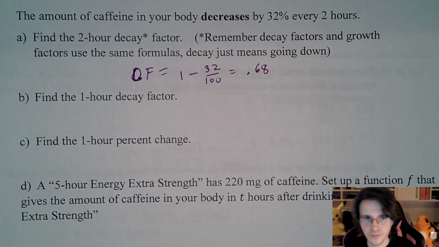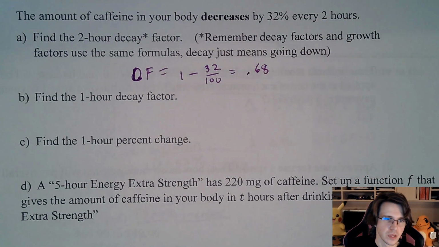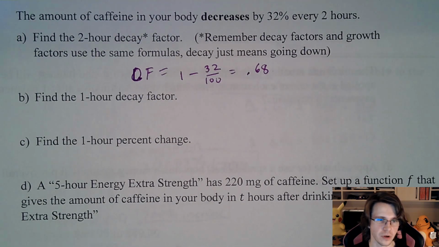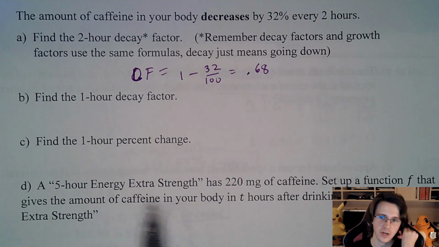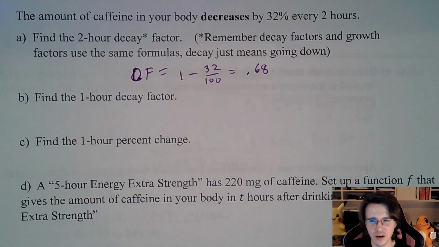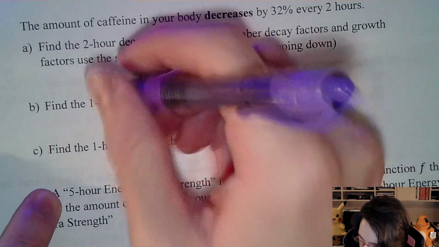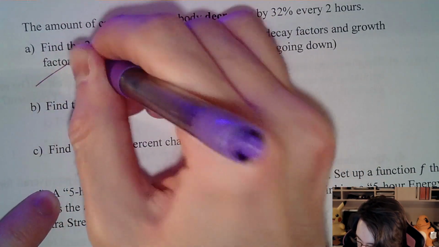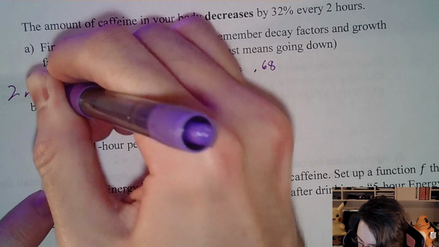0.68. All right. So letter B, this one is one of those higher level thinking questions that you might have to worry about. The reason why it's a higher level thinking question is this is the 2-hour decay factor, which means this is 2 multiplications, and we want one of the 2 multiplications.